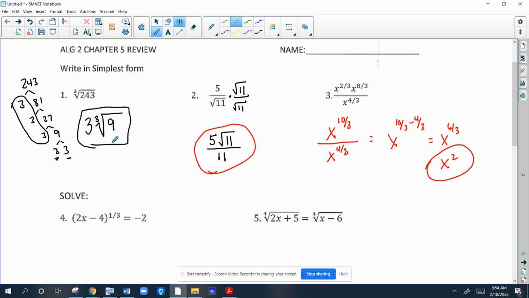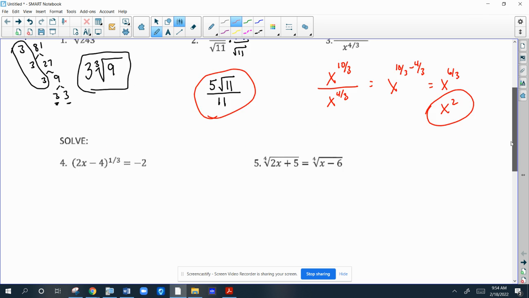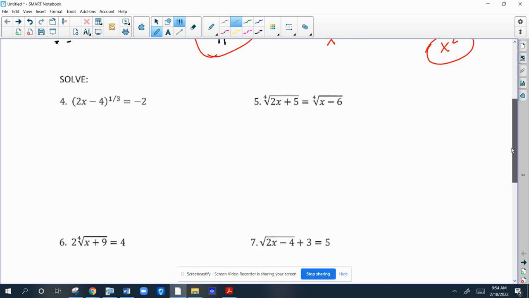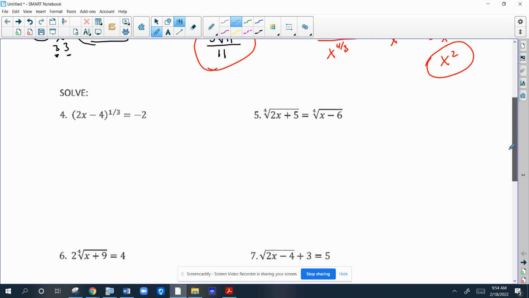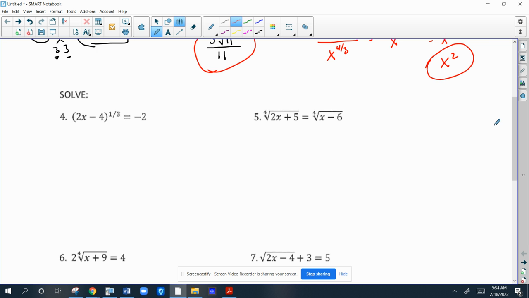So there's 4 that we need to solve. And those you just undo everything, usually in reverse order of operations. So number 4, the first thing we have to do is get rid of this 1/3 exponent. So we're already on the exponents.